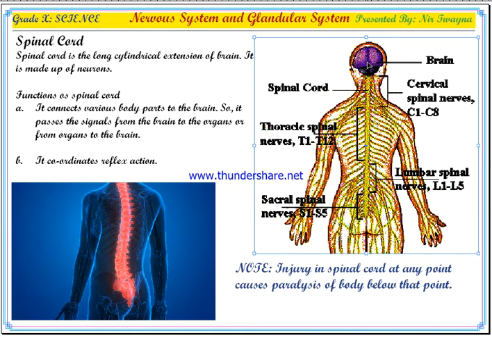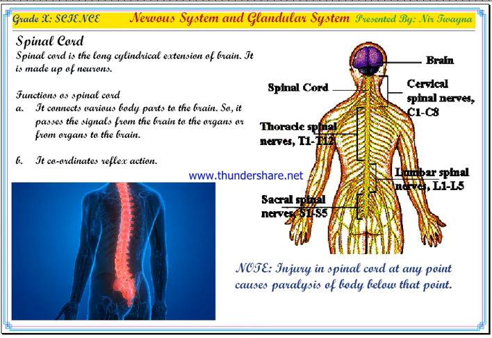The parts of the brain we have studied are the cerebrum, cerebellum and midbrain, and I also told you that the midbrain continues downward in the form of the spinal cord. So the spinal cord is a long cylindrical extension of the brain, and just like the brain, it is a very delicate organ.